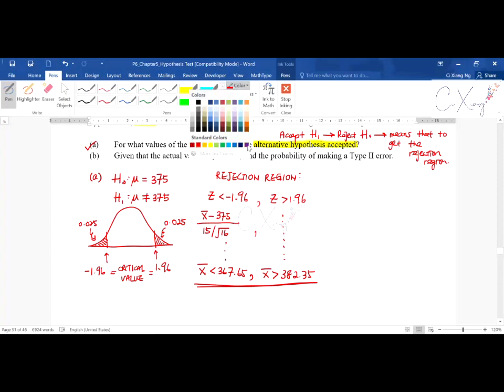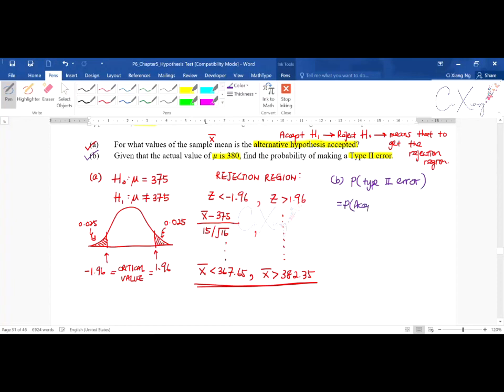For part B, they want you to calculate the type 2 error, where the value of mu is 330. Find the probability of making a type 2 error. To get the probability of a type 2 error, again, what is the definition?